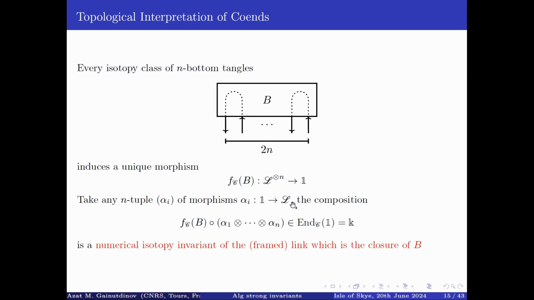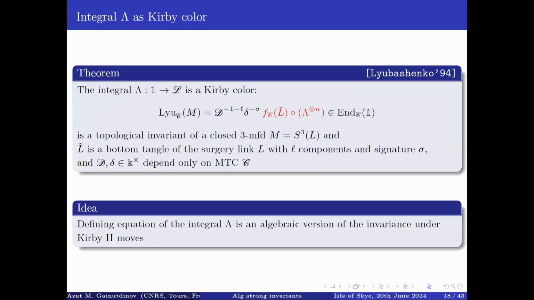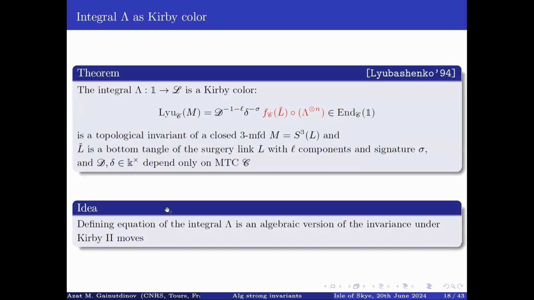And instead of composing with the usual invariants of the coend, I precompose such a map, which I get from surgery or bottom tangle representation, and compose with the integral of the coend. The point is that it's a well-defined invariant of a three-manifold. Basically, the defining equation of the integral is an algebraic version of invariance under the Kirby 2 move.